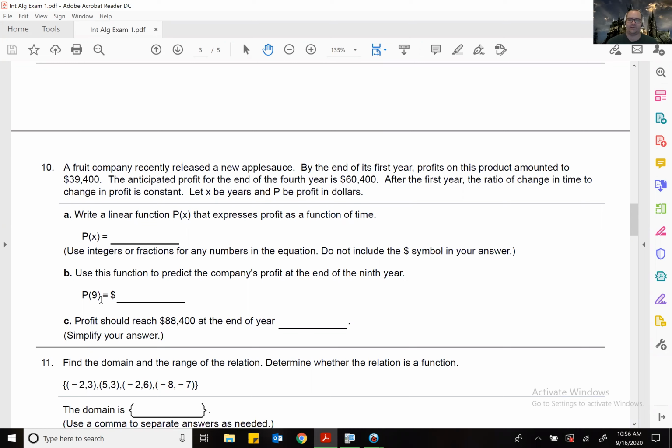Let me give you a hint on this. They are giving you 2 points here. Each sentence represents a point because there are 2 numbers in this second sentence and there are 2 numbers in this third sentence. So this second sentence says, by the end of its first year, profits on this product amounted to $39,400.